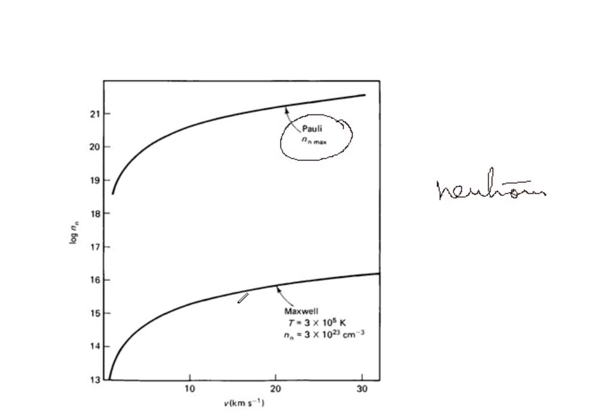Now, because of the higher masses and larger momenta, we can have higher particle densities for protons and neutrons, in fact by a factor of 10 to the power 5, before they can become degenerate. This is important. So we can still have about 10 to the power 5 more density so that this plot comes closer to this plot, and we can say that the neutron gas has started becoming degenerate.